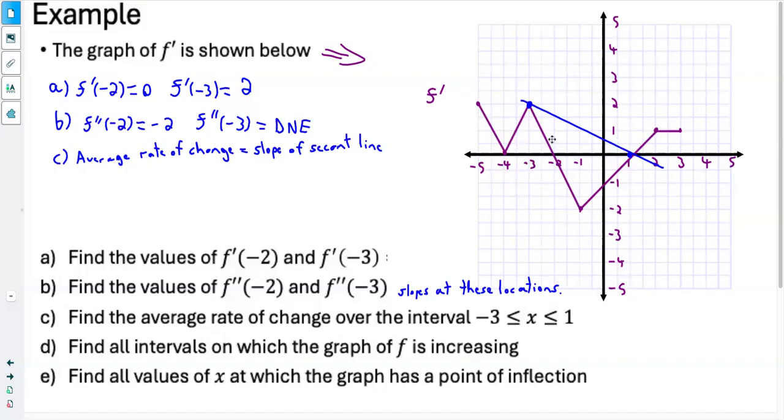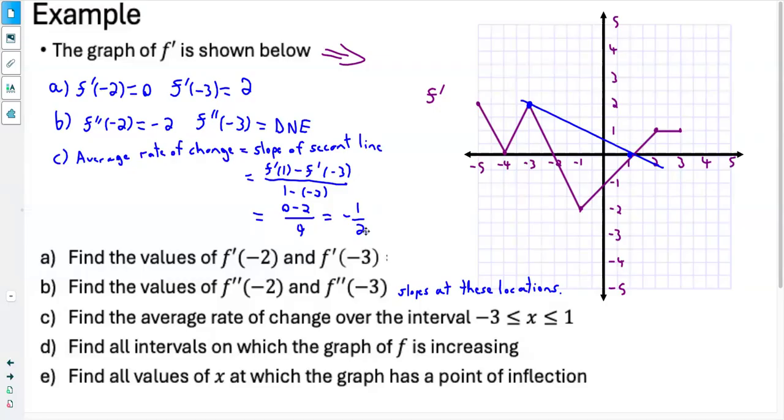To get that, we'll just do f prime of 1 minus f prime of -3 over 1 minus -3. So that gives us 0 minus 2 over 4. So that gives us a rate of change of -1/2.